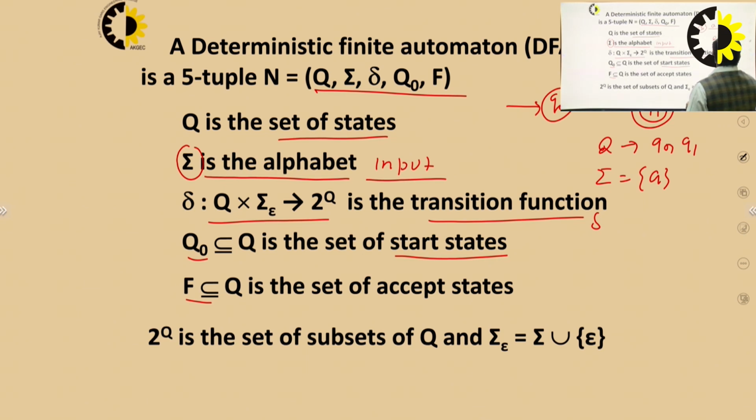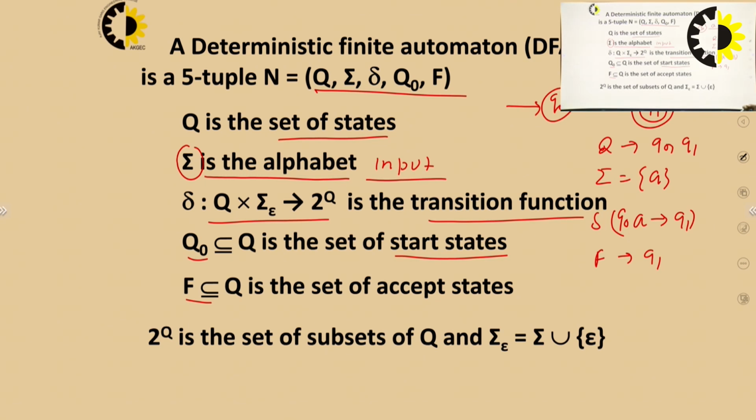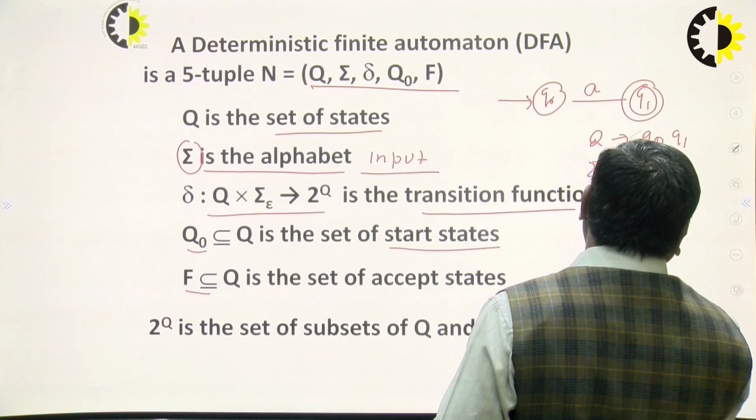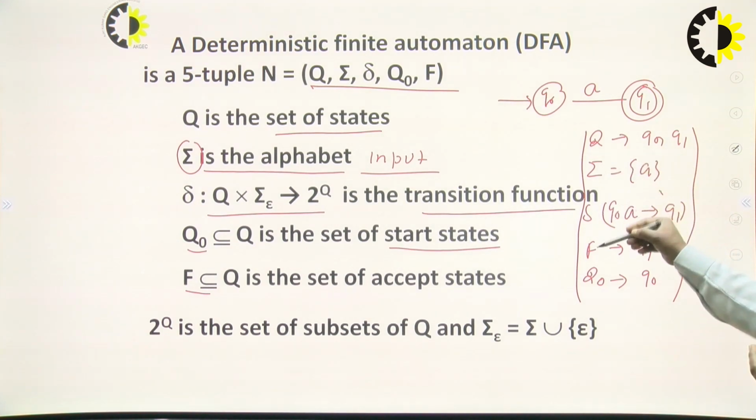Transition function for this problem is Q0 A goes to Q1. And what is the final state for this automata? The final state F is Q1. And Q naught is Q0.